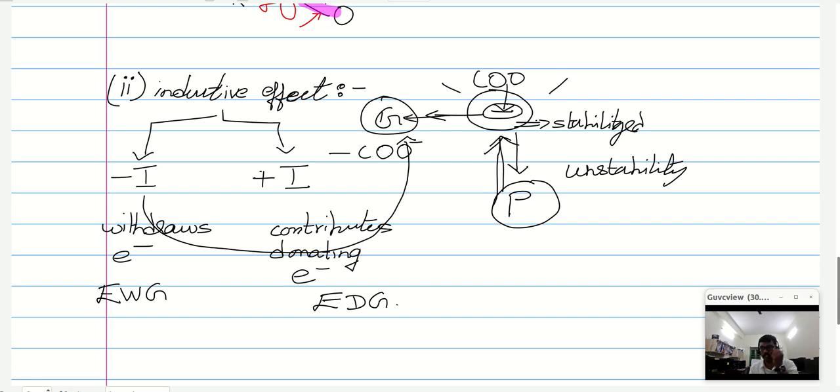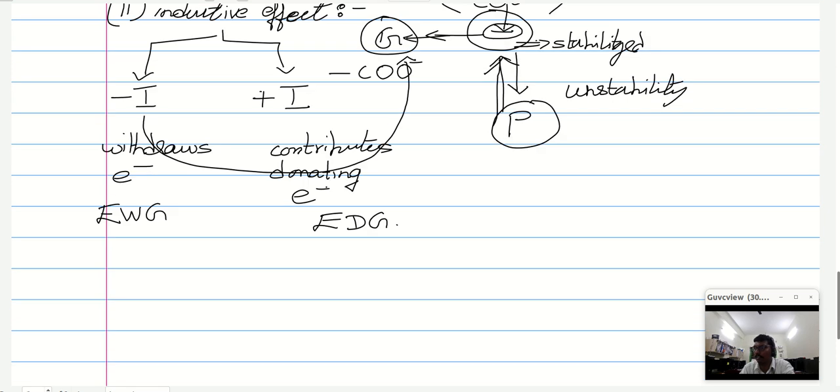Now we have just refreshed our knowledge about what is inductive effect. So now let's look at how this effect contributes to the stability of acids or in the stability of carboxylate anion.